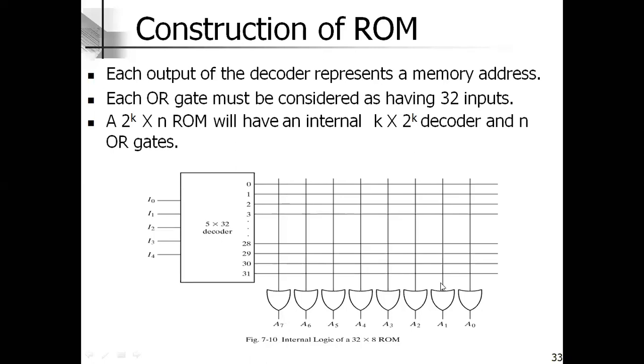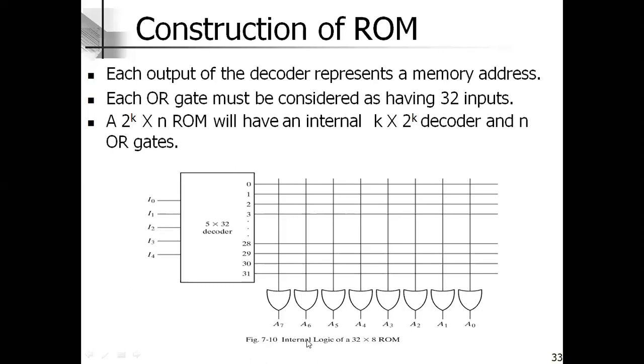A 2 power k by n ROM will have a k by 2 power k decoder and n OR gates. The OR gates are there because each word can contain 8 bits. So A0 to A7 are the output lines.